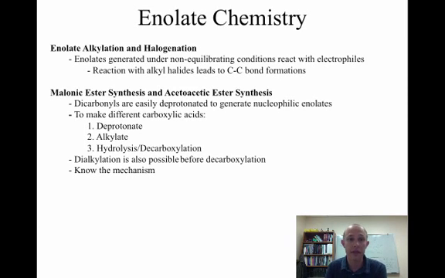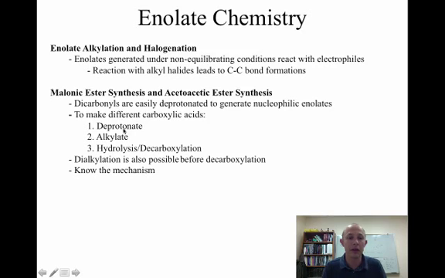So to summarize, we can generate enolates under non-equilibrating conditions with like LDA, and we can react them with electrophiles like alkyl halides to get alkylated enolates. This is a really nice strategy for forming new carbon-carbon bonds. And in more complicated reactions, what we can do is start with malonic esters or with acetoacetic esters. We can easily deprotonate those to make nucleophilic enolates, which can then react with electrophiles.